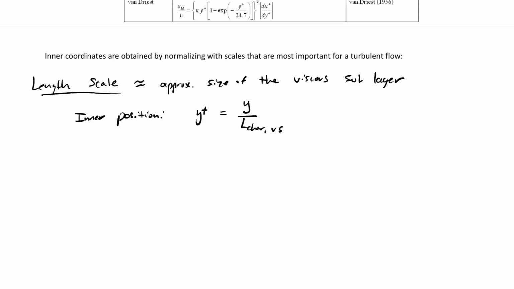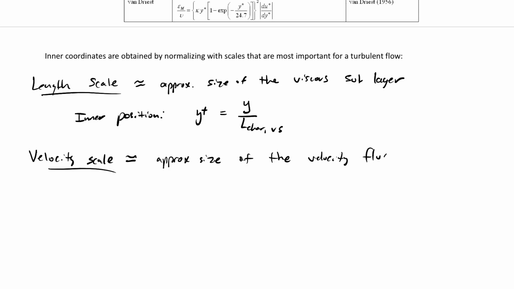We are ultimately going to have to estimate that L characteristic, and we'll do it based on eddy size. But for now, this is the definition. The second thing we want is a velocity scale. The velocity scale is going to be the approximate size of the velocity fluctuations. Velocity fluctuations are denoted with this symbol U star, U asterisk, whatever you want.